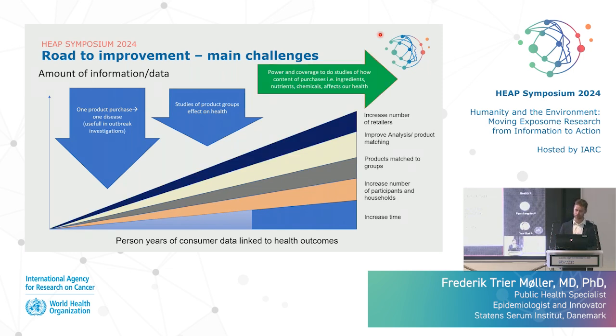And finally, of course, we can increase the number of retailers to reach something that could be called a complete consumer exposome sample. If we get towards that level, we'll have the power and courage to do some studies that are very hard to do with the current research frameworks about purchases, ingredients, etc.